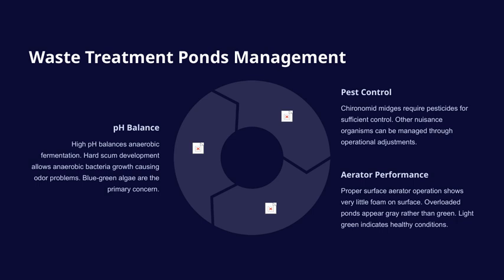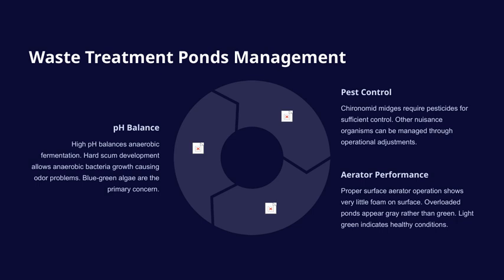Proper operation of surface aerators is key. When they're working well, you'll see very little foam on the surface, which indicates healthy conditions. If the pond appears gray rather than green, it suggests the pond might be overloaded or stressed. On the other hand, a light green color generally signals that the pond is in a healthy state with balanced biological activity.